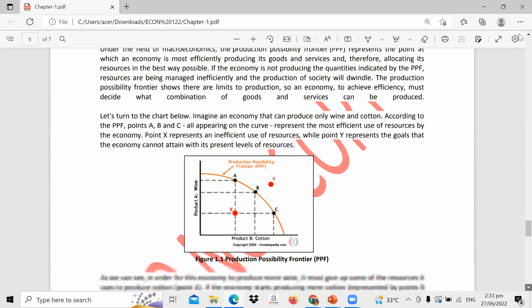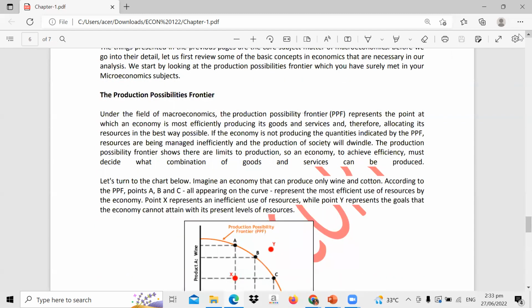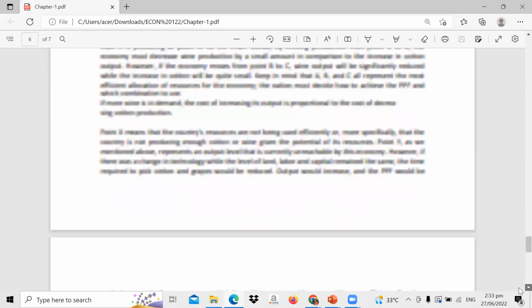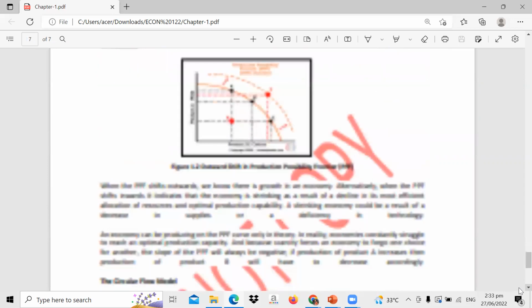And of course, still in macroeconomics point of view, di gyapon ni mawagtang ang production possibilities frontier as well as the circular flow model, this one.